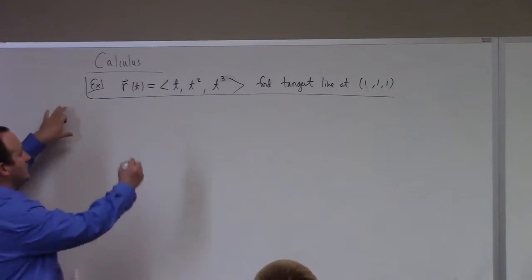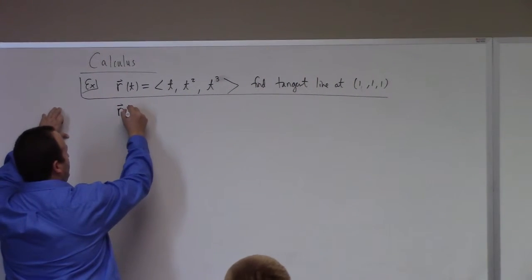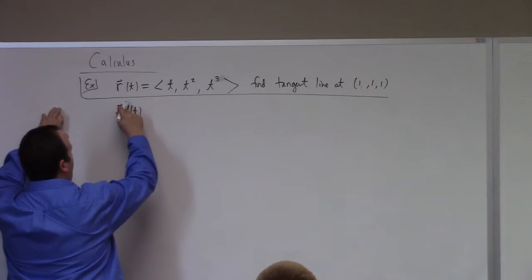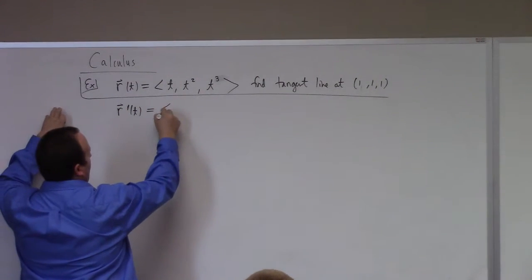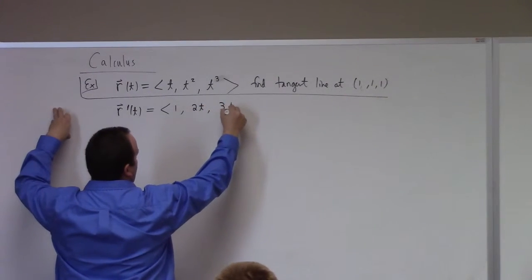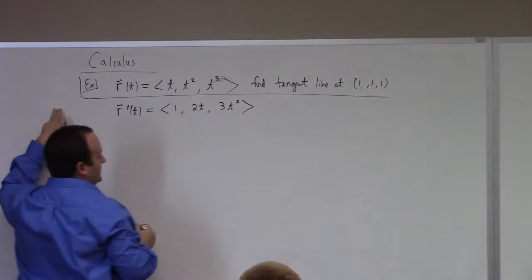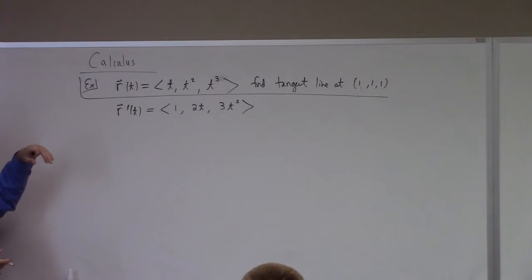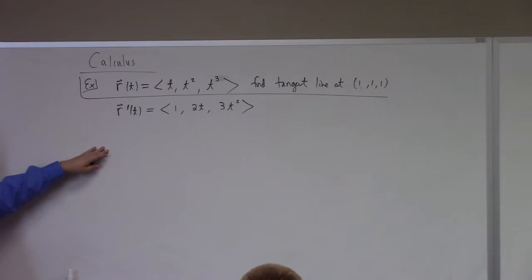Very simple. I calculate r prime of t, which is what? 1, 2t, 3t squared. Remember, to actually find the tangent line, I have to plug in the parameter that is of interest. In this case, which one is that? t equals what?